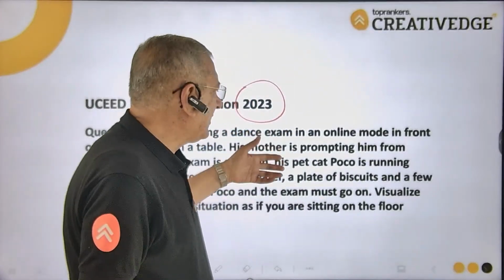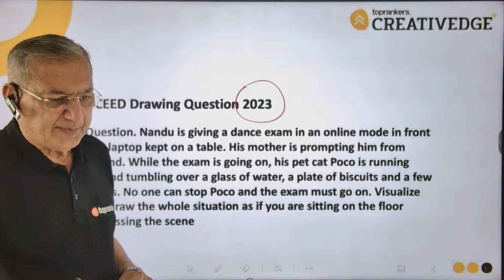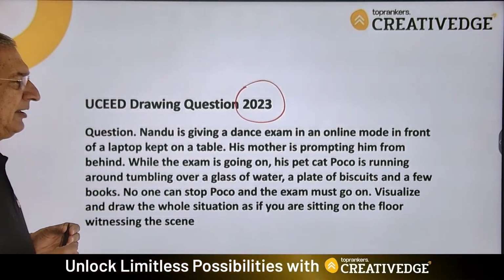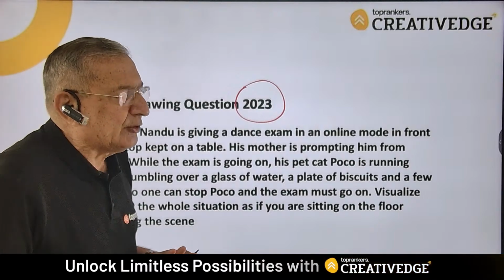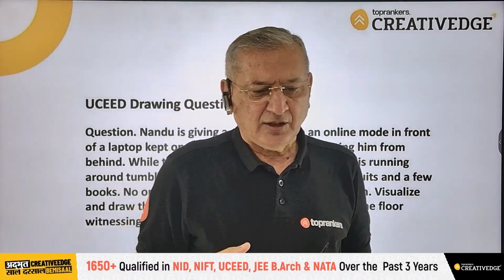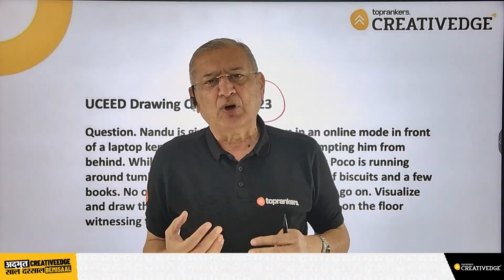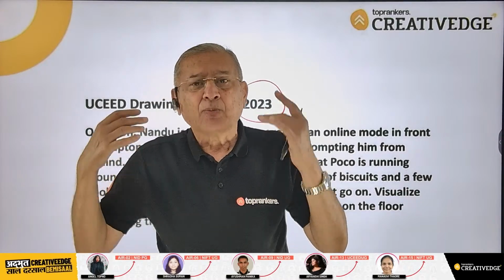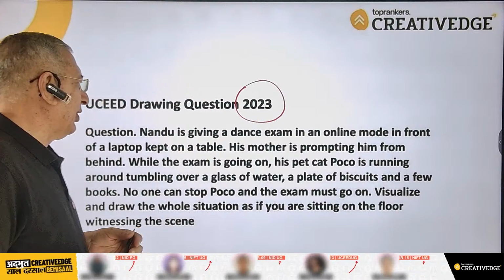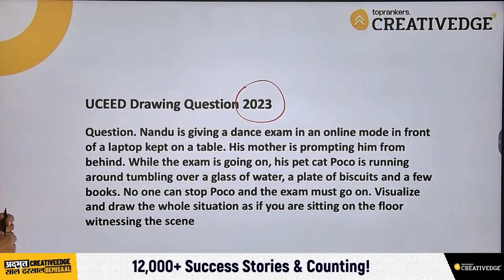So I'm taking some of them for your convenience, and I will also give you some practice questions, not the expected ones. Right now I'm talking about the 2023 question.